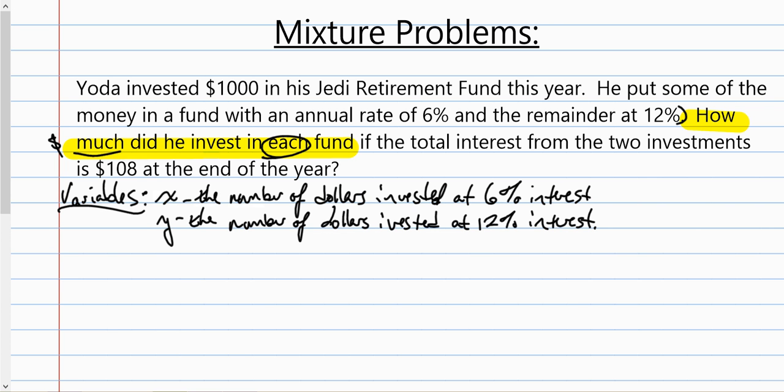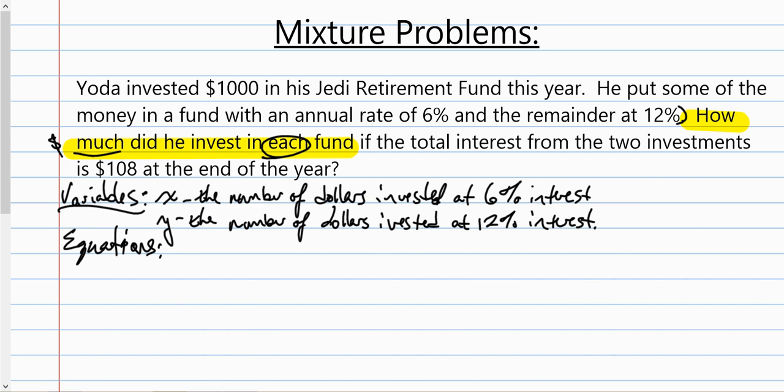Now, typically with these interest problems, we're not going to tell you what his overall interest on his investment was at the end of the year. So that's what makes the equations a little bit different than what we've had before. To figure out our equations, first I want to name them.